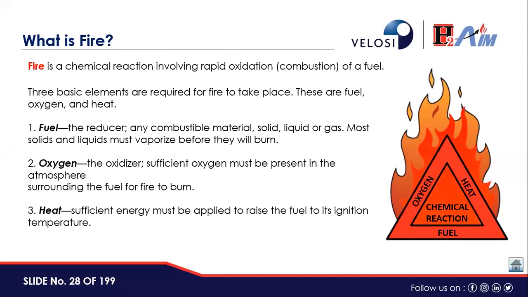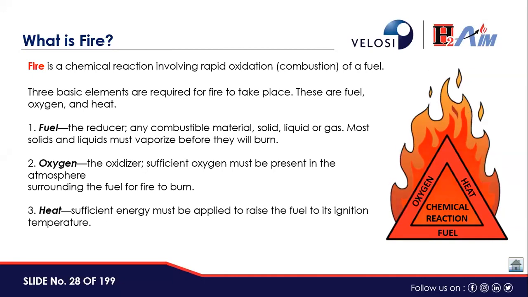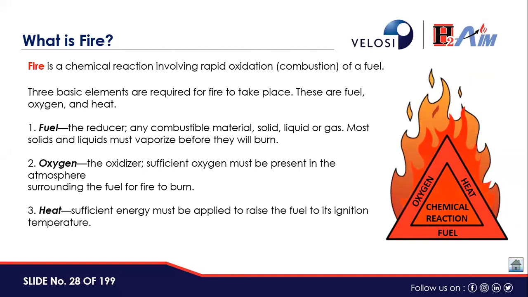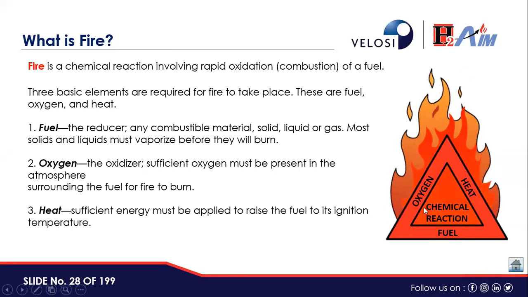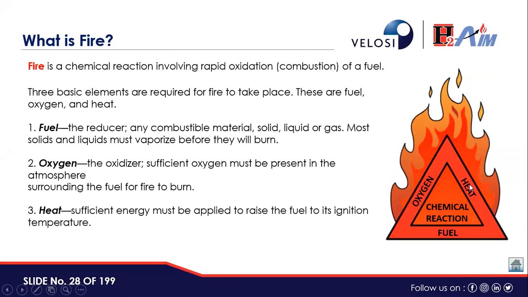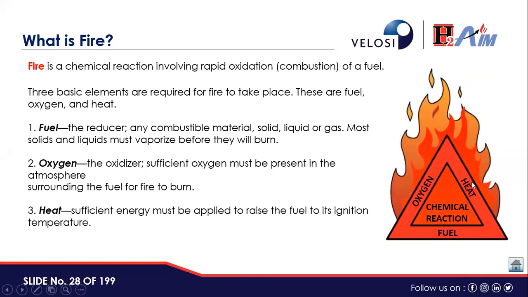So fire is a chemical reaction involving rapid oxidation, combustion of a fuel. Three basically angles of a triangle, three sides. For example, oxygen, fuel, and ignition source. Three things are normally required to have a fire.